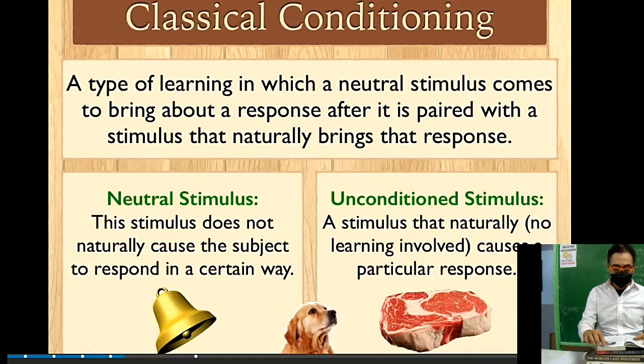Classical conditioning: a type of learning in which a neutral stimulus comes to bring about a response after it is paired with a stimulus that naturally brings that response. Neutral stimulus: this stimulus does not naturally cause the subject to respond in a certain way.